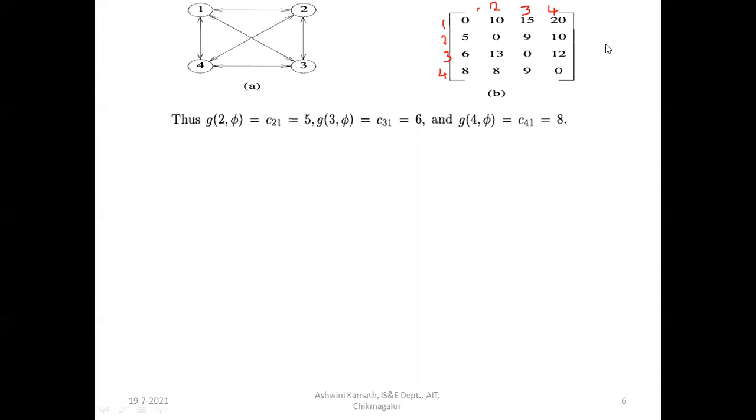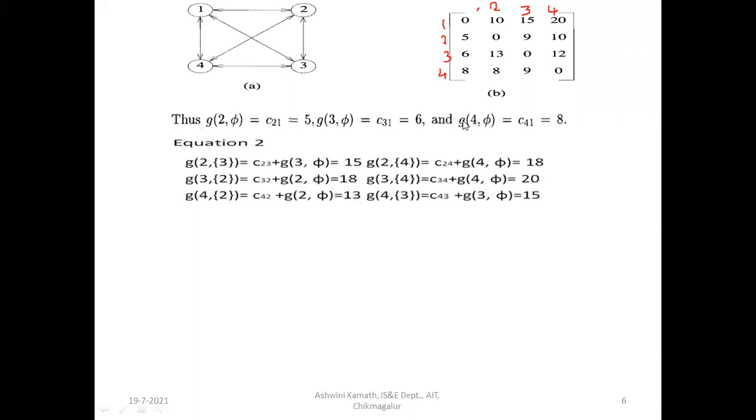So 2 to 1 is 5, 3 to 1 is 6, and 4 to 1 is 8. You can notice the first column. That will be the value for G of i, 5.